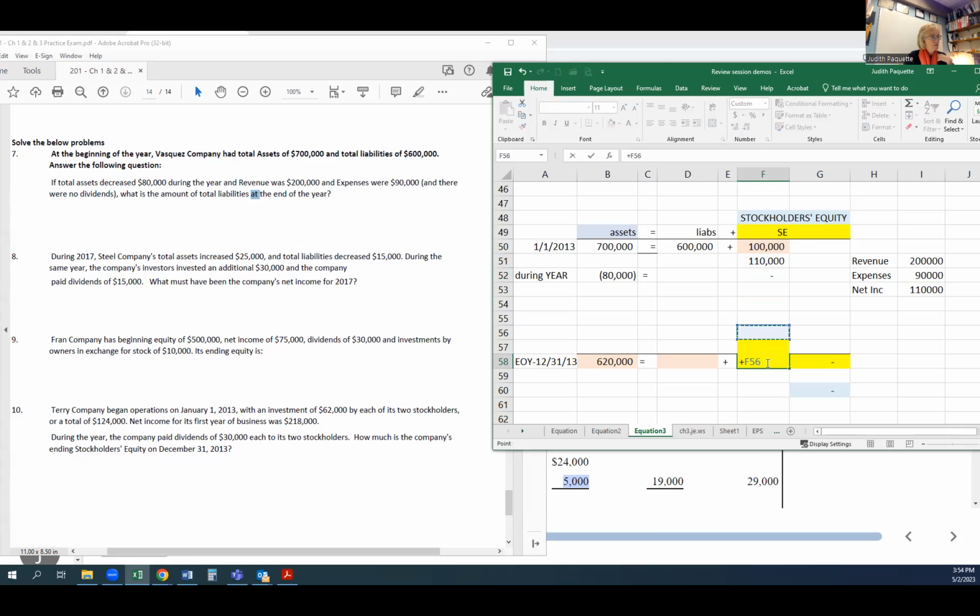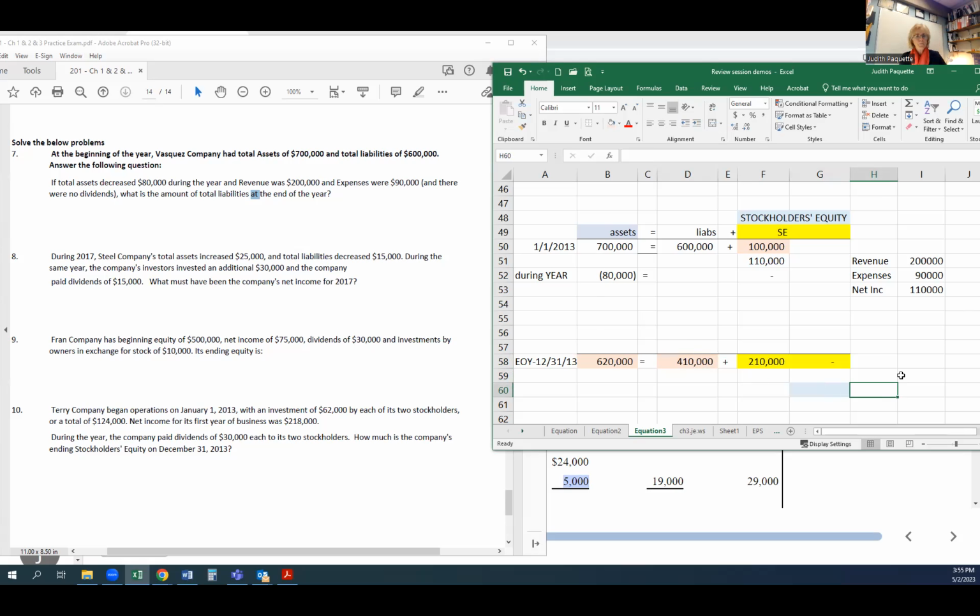And now we just calculate the ending balance for stockholders' equity, and we get 210. Okay. Now we know stockholders' equity. Now we know total assets. We can calculate what is the ending balance in liabilities, and that's going to be 410, right? Okay, that's number 7.